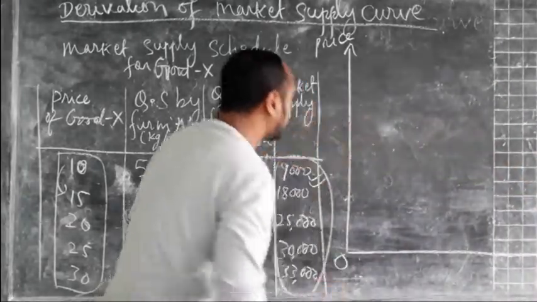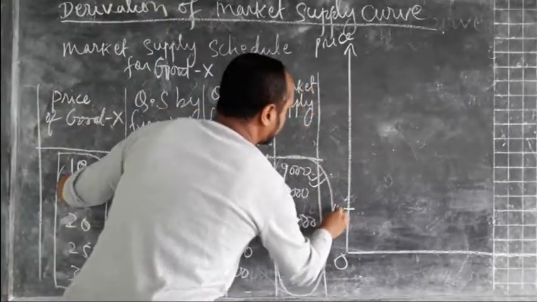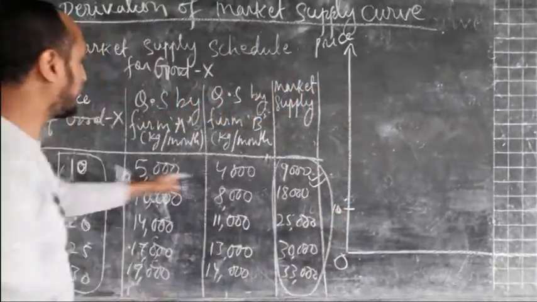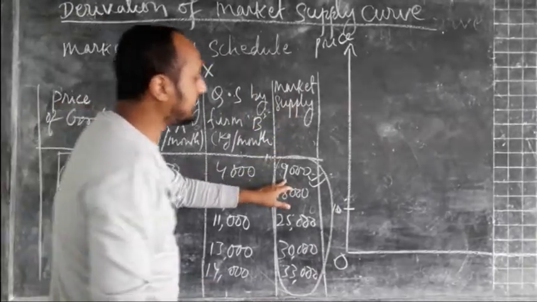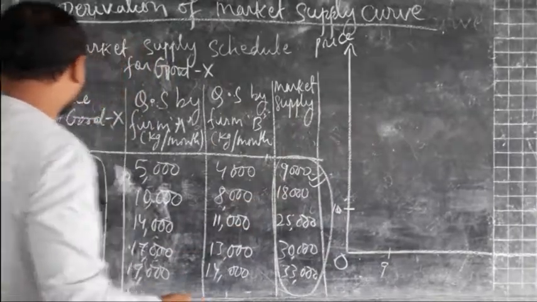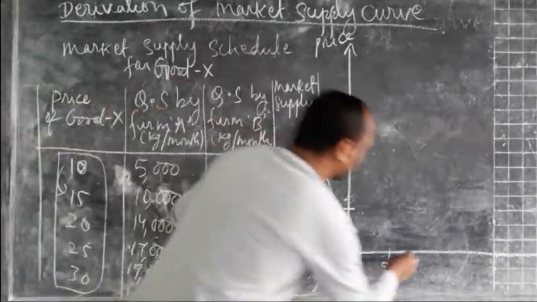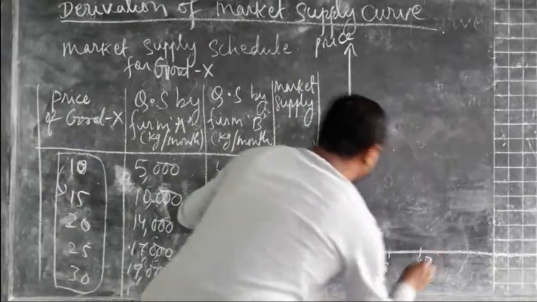This is our origin. So when price is 10 rupees, the market supply we have is 9,000. Suppose this is your 9. Now when price is 15, the market supply we have is 18. Suppose this is our 18.